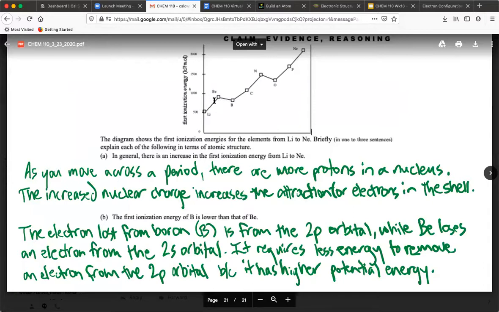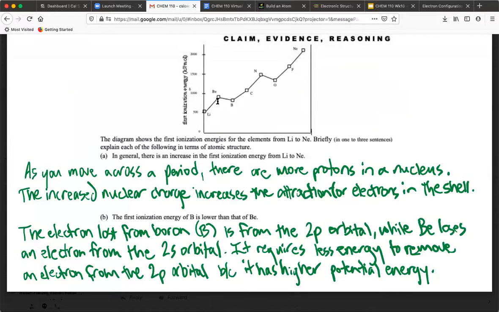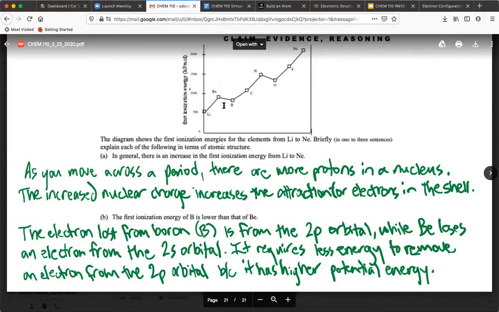Beryllium has a slightly higher energy because it's already got paired electrons in an orbital, whereas boron has one single electron in an orbital by itself. So it has a slightly lower energy because it's willing to give up that single electron to go back to having two electrons that are paired.